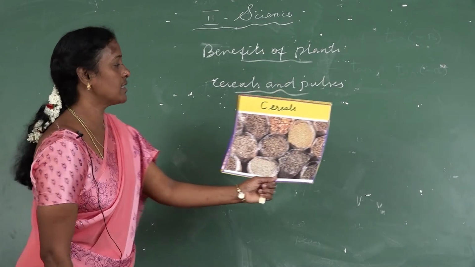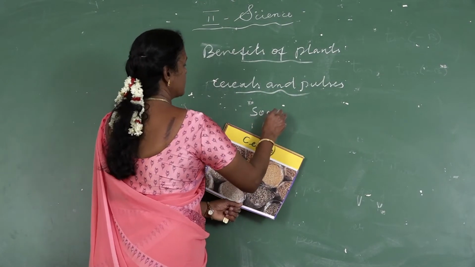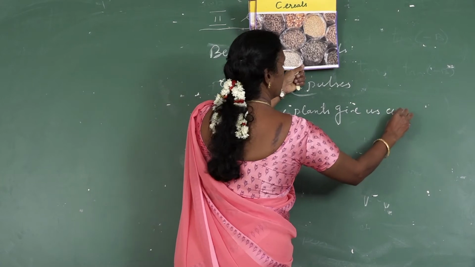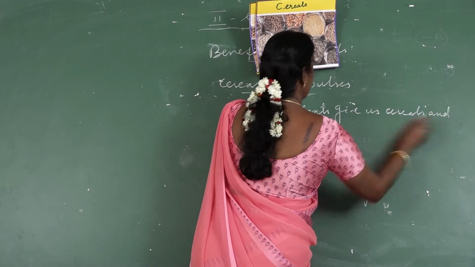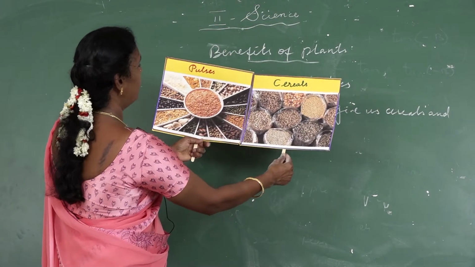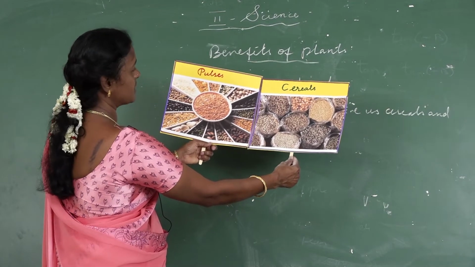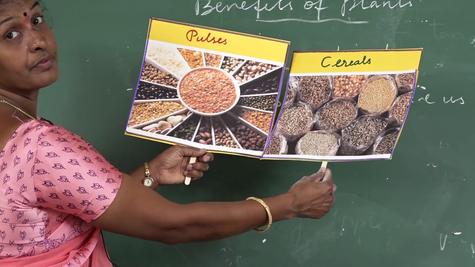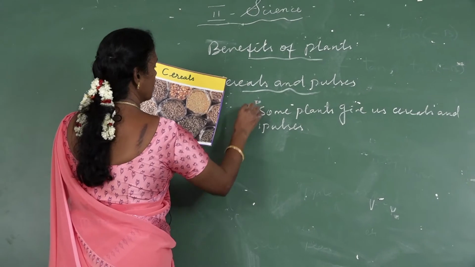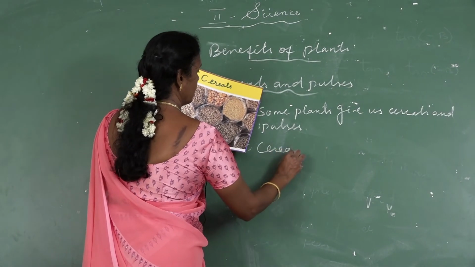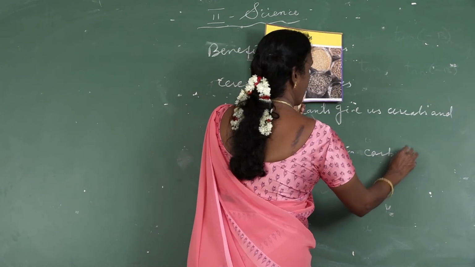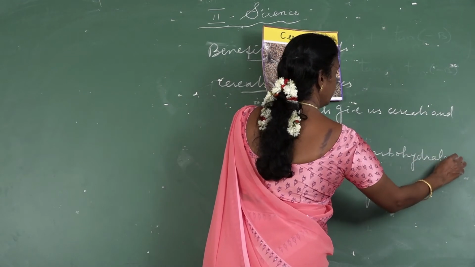Some plants give us cereals and pulses. Cereals are rich in carbohydrates and starch.